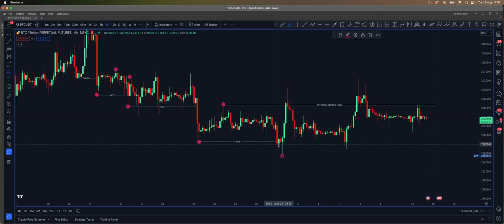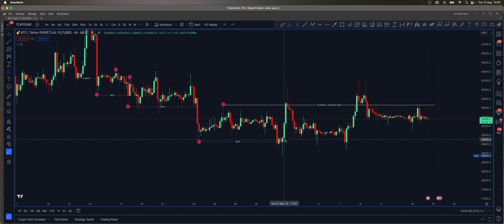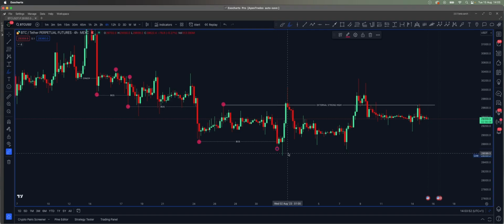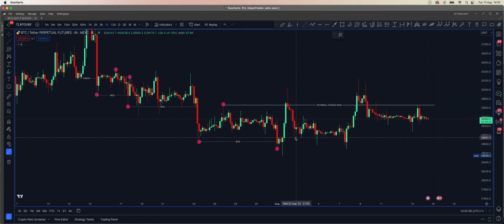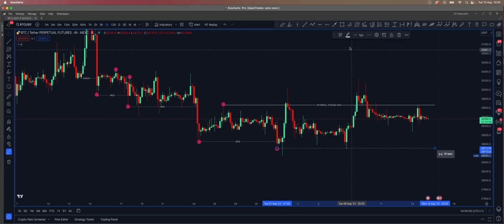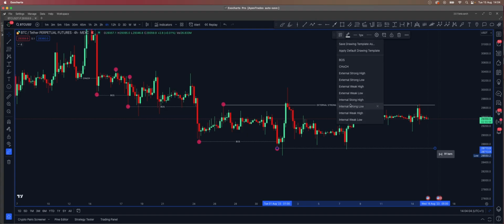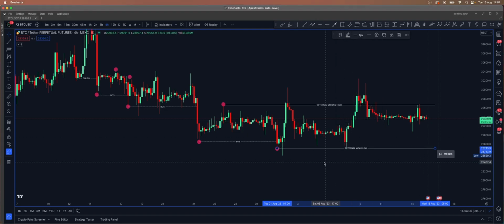We could argue we get another little change of character. We could also argue that this is a wick and doesn't really count. Perhaps not, so let's not do that. But this low did break, and so this is the new low. And so we have to draw the range low. Call that the weak low.